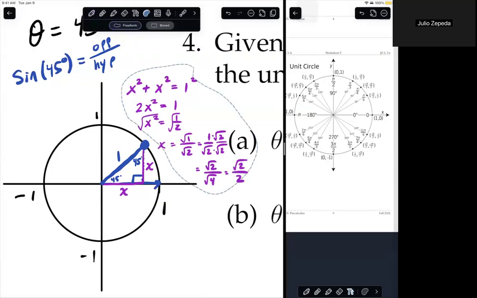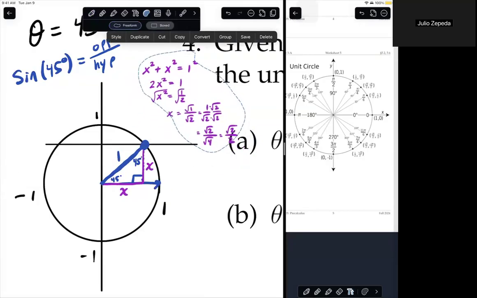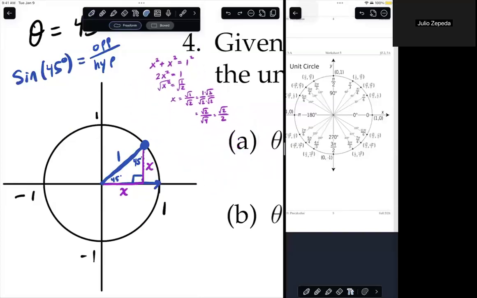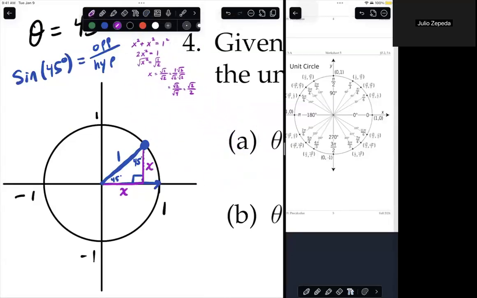But what we've shown is that the coordinates of this point here are, in the x direction, the square root of 2 over 2. That's this direction here.